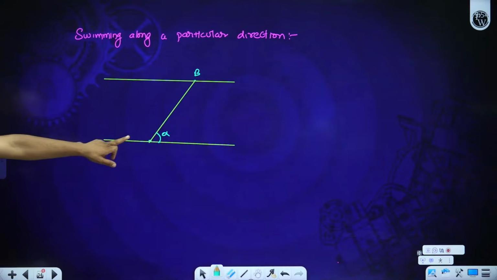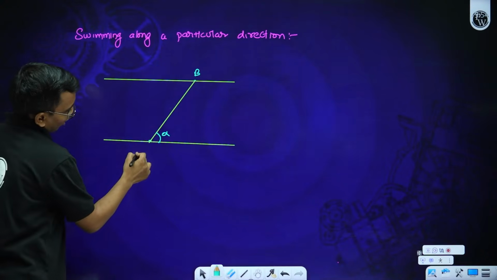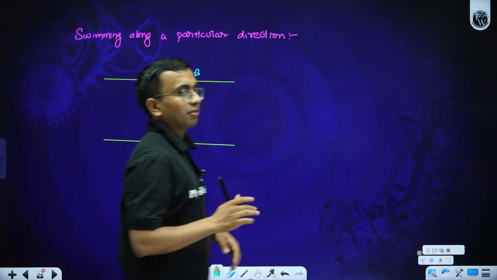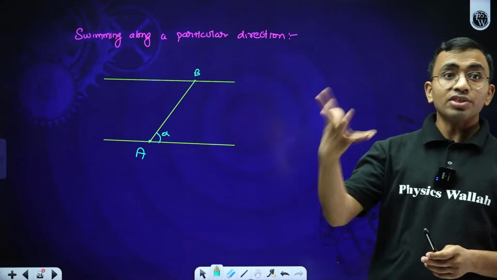Now the person should swim along this, meaning from A the person should reach directly to B. Now in which direction should he swim?